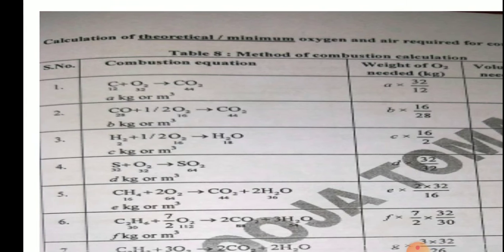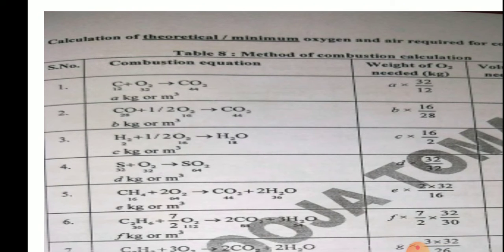Look at the first combustion reaction, of carbon. Carbon combines with oxygen to form carbon dioxide. On the basis of weight of oxygen needed in kilograms, 12 kilogram of carbon requires 32 kilogram of oxygen to form 44 kilogram of carbon dioxide.